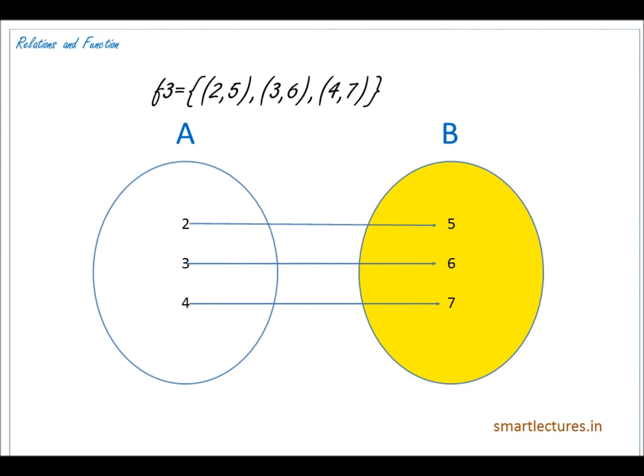And the second condition, that each element of set A must be associated with a unique element in set B, is also satisfied. 2 is related to 5, 3 is associated with 6 and 4 with 7. So this relation satisfies all the conditions for a relation to be a function. So this relation is a function.